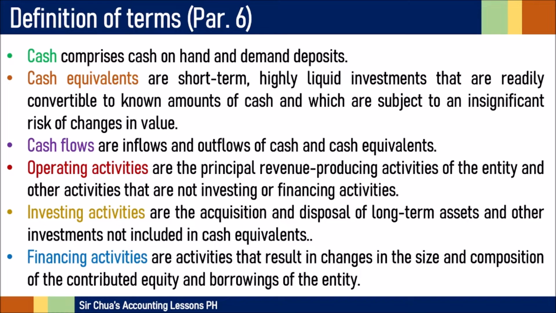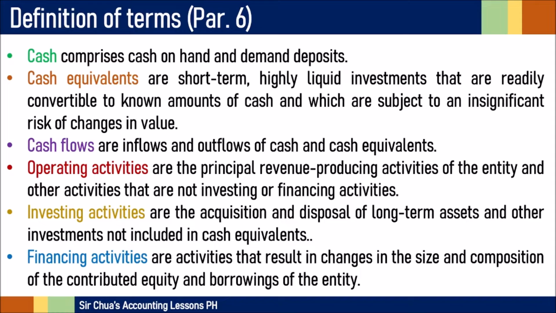So basically, all of those are part of your investing activities, which are related to the balance sheet non-current asset section. And then your financing activities are related to the items in your Statement of Financial Position relating to the non-current liabilities and equity section, because these are activities that result in changes in the size and composition of the contributed equity or borrowings of the entity.